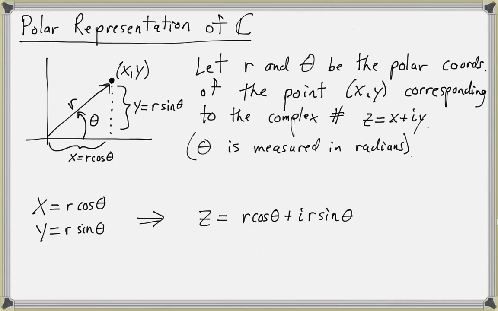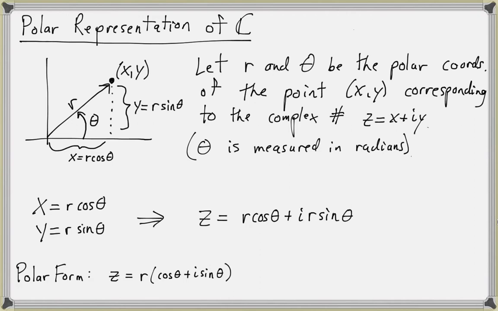And if I factor out an r from both terms, we get the polar form of the complex number z. So z is written as r times the quantity cosine of theta plus i sine of theta.